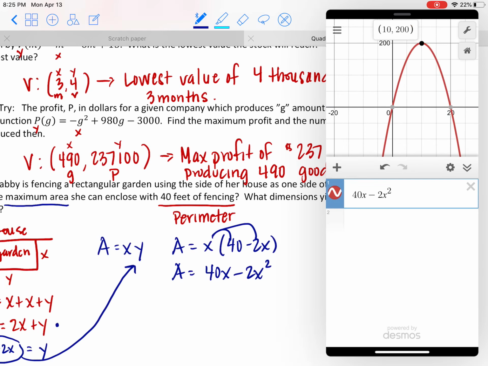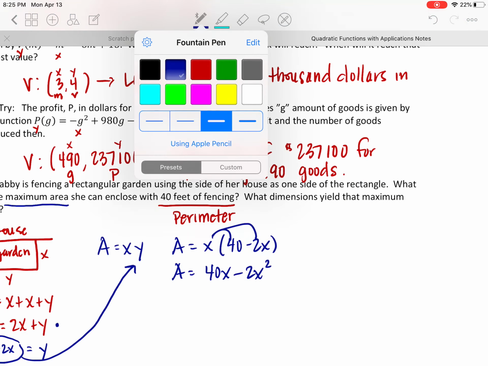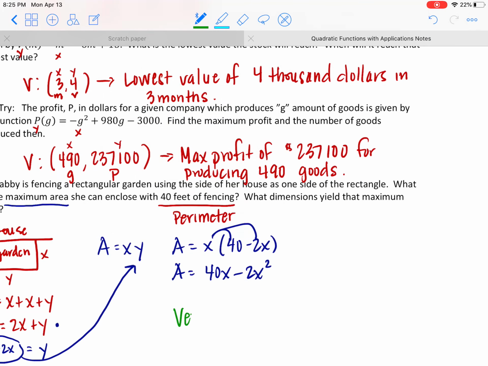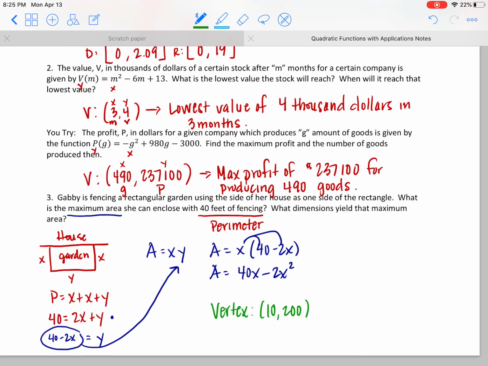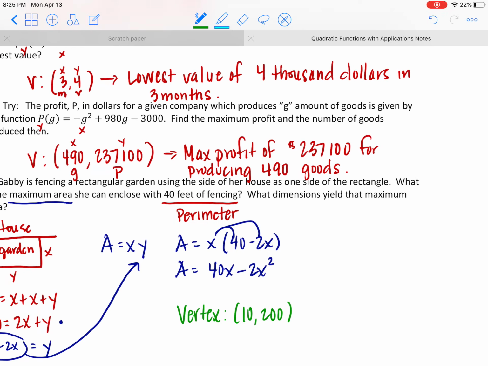semi-normal zoom here. Okay, and there's my vertex at 10 and 200. So I got a vertex at 10 and 200. Now it says what's the maximum area and what dimensions yield it. Now let me go back here.